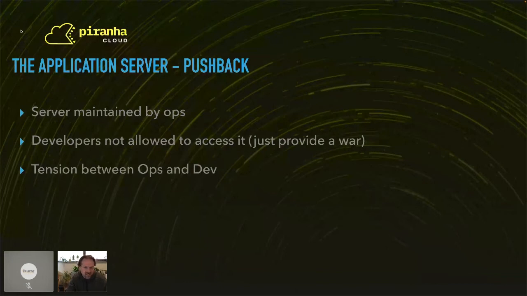There's typically a tension between ops and dev here, because a big part of the application server is actually a dev concern. So things like the application server libraries, the implementations of the API that I just mentioned, but various settings as well, security configuration.